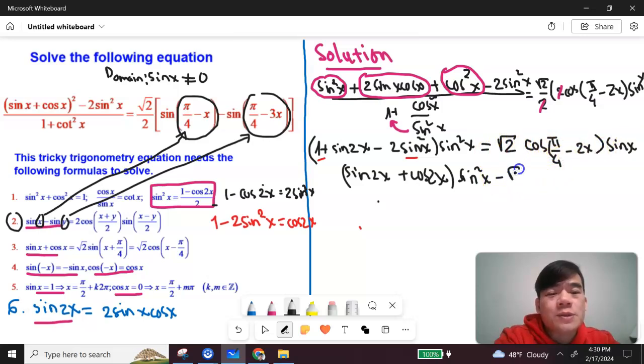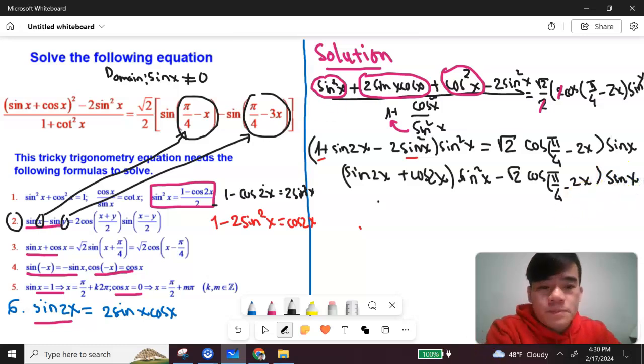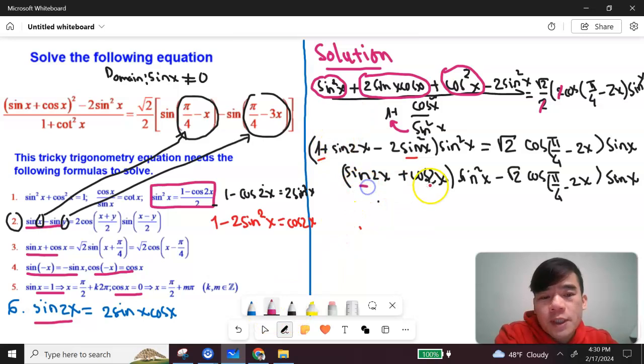So it turns out to be root 2 cosine pi over 4 minus 2s sine s. Now look at this formula right here. This and this are exactly the same as formula number 3 right here. Right, formula number 3.